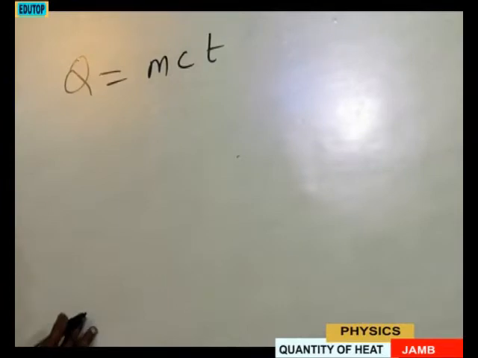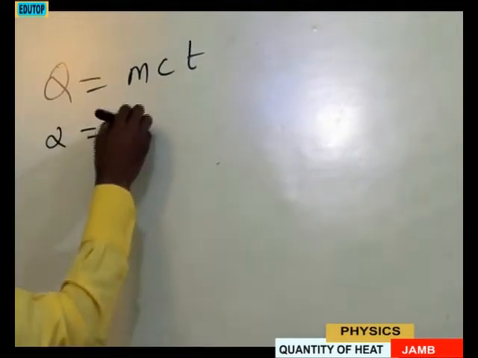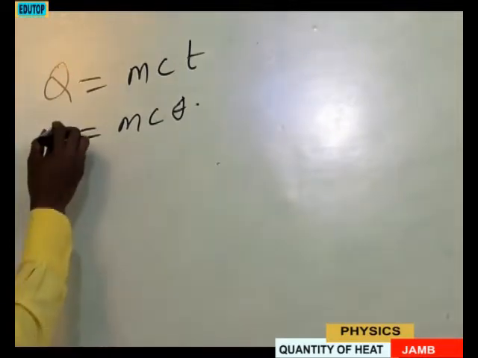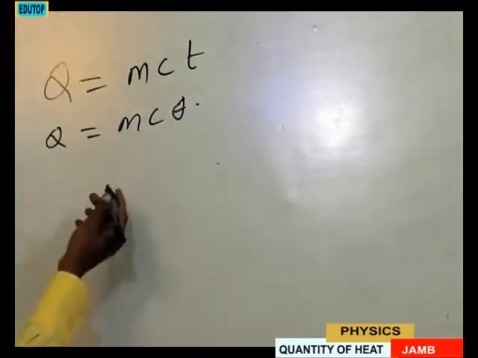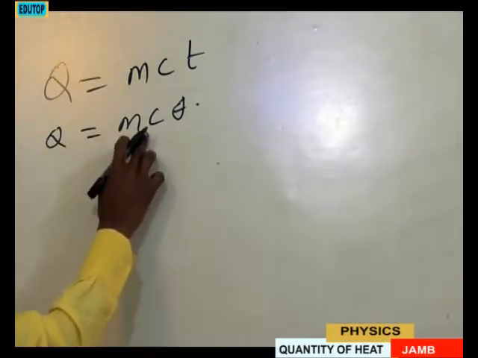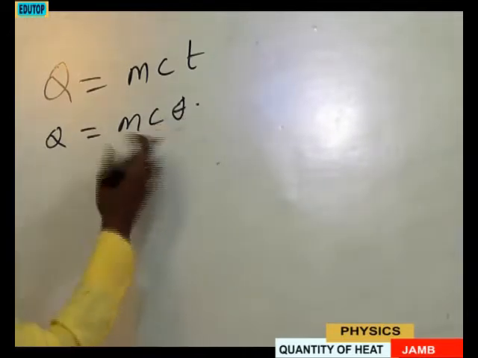This formula is very important. Sometimes you can have theta instead of T. So the quantity of heat a body can lose or gain is equal to the mass of the body, specific heat capacity of the body, and the temperature change or temperature range of the body.